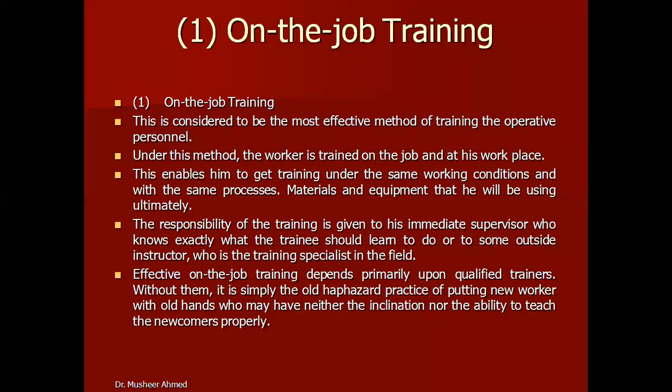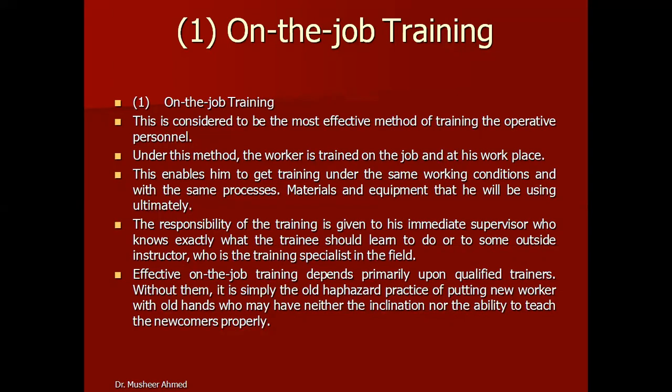Now, effective on the job training depends upon qualified trainers, right? If the trainers are not qualified, then it will be a useless exercise. It is something like a trained employee and an untrained employee will be at par, because if you receive training from a qualified trainer, he will be able to tell you or train you about all the nitty-gritties involved in your job and how to handle them.